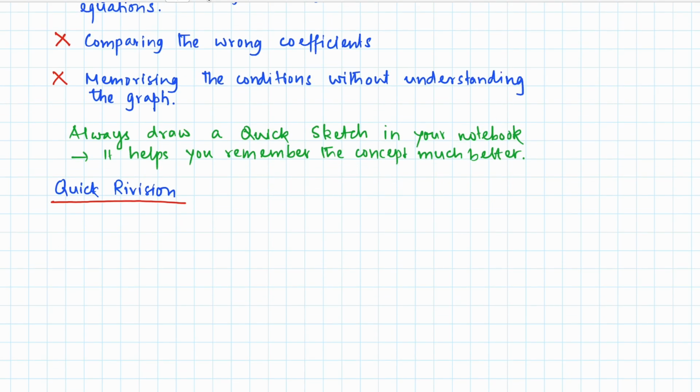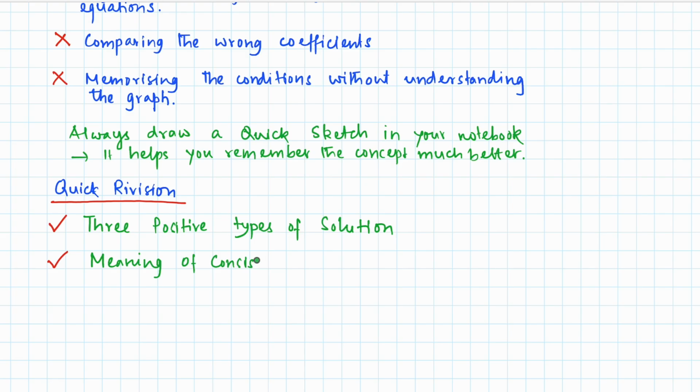Now a quick revision of what we have learned so far. Number 1, the 3 positions or types of solution, then the meaning of consistent, inconsistent, and dependent solutions for the given equations.